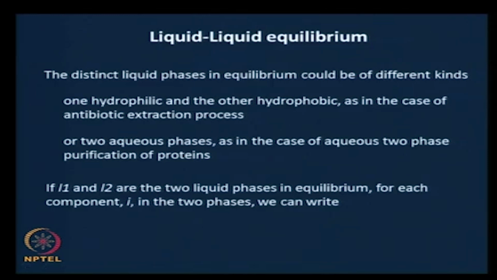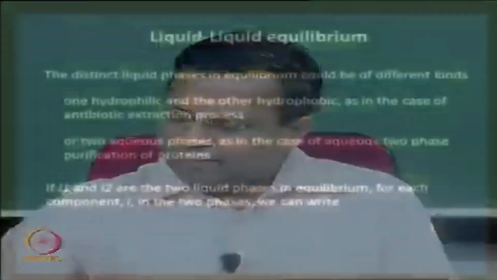To give you a hint, the first 5 equations, equations 5.1 to 5.5, are valid. Also take a look at how we went about doing pretty much the same thing, but for a component I that is distributing between the vapor and liquid phases in the case of vapor liquid equilibrium. So those are the hints that I am going to leave you with. Take about 20 minutes, and then we will look at what the solution is. Go ahead please.